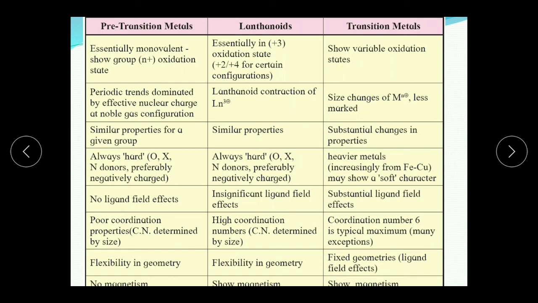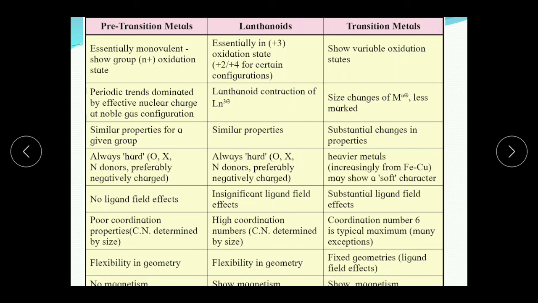So generally they are essentially monovalent. But lanthanides show the +3 oxidation state, which is common, and sometimes +4, +2, etc. But transition metals show variable oxidation states from +3, +4, +5 to +7.